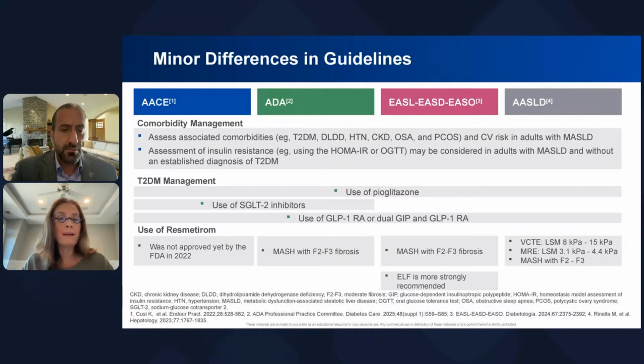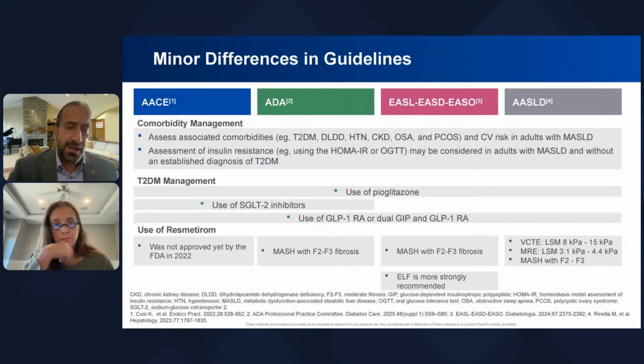So those are recommended just really to treat those underlying metabolic diseases. And that's true across the board. The more recent ones are going to incorporate more data from the use of those drugs in the context of liver disease specifically. But yeah, I think that's the main takeaway on differences.